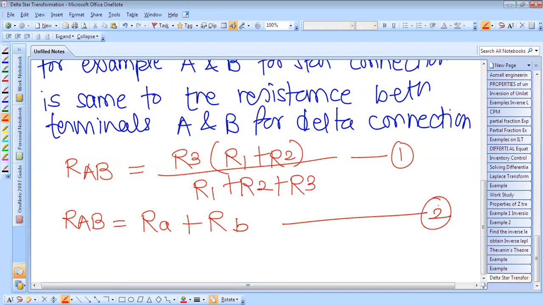So in order that the networks may be equivalent to each other, the values of RAB in equation 1 and in equation 2 must be equal.